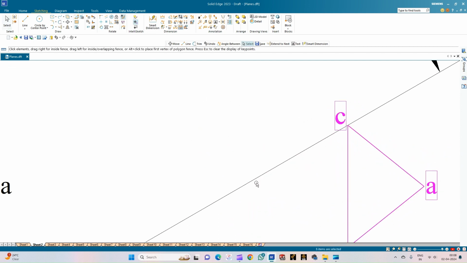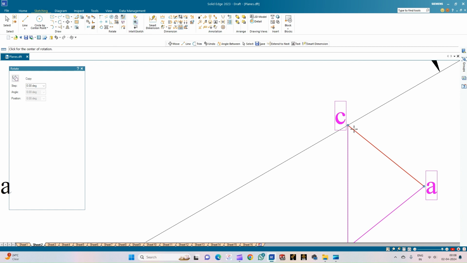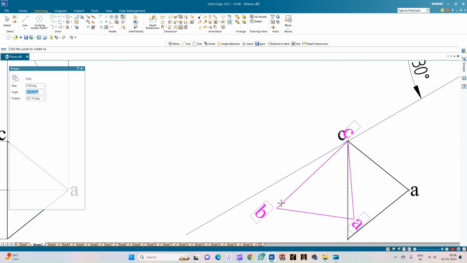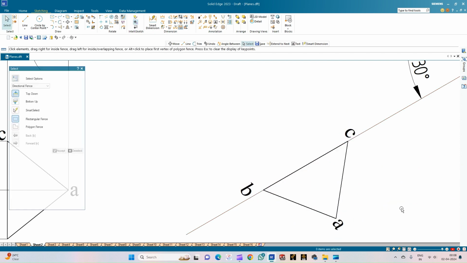Maybe the 2 points are not selected properly, so that is the reason. First point, second point. So now you can see that the overlapping shows that the line is turning out to be red in color. So this completes the overlapping part.